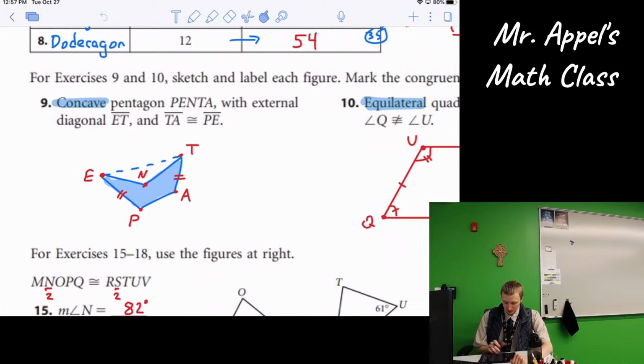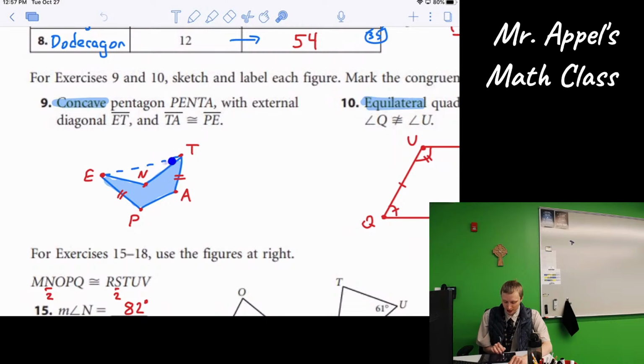Right, then here is my completed concave pentagon. They do give these letters in order, and when they are given in order, you want to be able to work your way around the shape, labeling those points in order. So the fact that they give you the diagonal, external diagonal must be ET, that means N has to be in the middle because it's between E and T. So they need to be in this order and marked up as such.